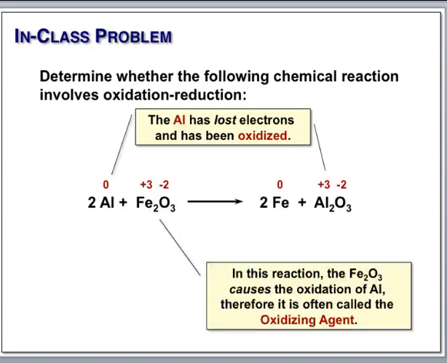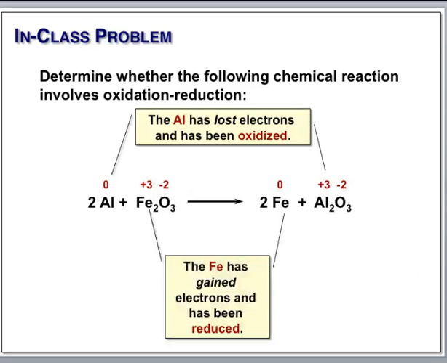There's one more bit of nomenclature that you will encounter, and that is oxidizing agent and reducing agent. Here, iron has been reduced, right? Well, somebody had to take the electrons off the aluminum, didn't they?